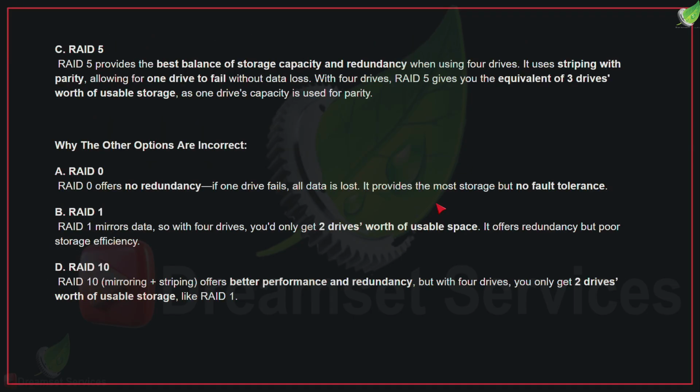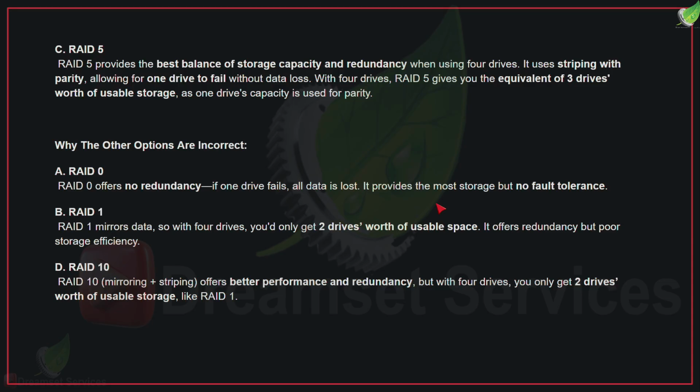RAID 5 provides the best balance of storage capacity and redundancy when using 4 drives. It uses striping with parity, allowing for one drive to fail without data loss. With 4 drives, RAID 5 gives you the equivalent of 3 drives worth of usable storage, as one drive's capacity is used for parity.